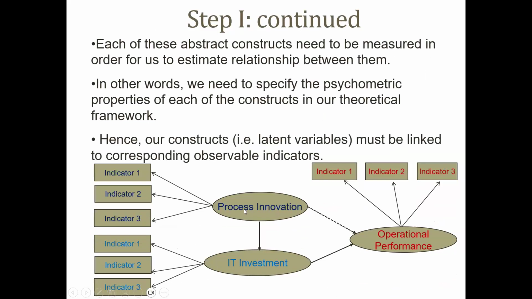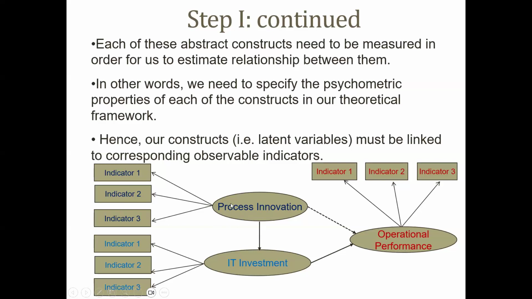Where when you pick process innovation, the question we ask ourselves is, having defined process innovation, what are the key features, characteristics of process innovation that are observable, so that when we go to an organization and we want to have an evaluation or a measure of their process innovation, what are we to look out for? Those become what we call indicators.